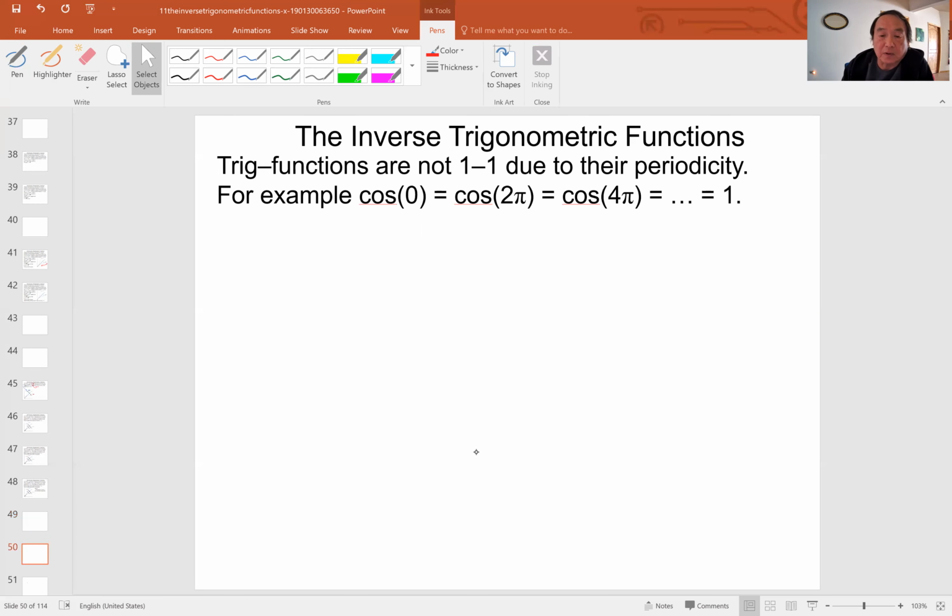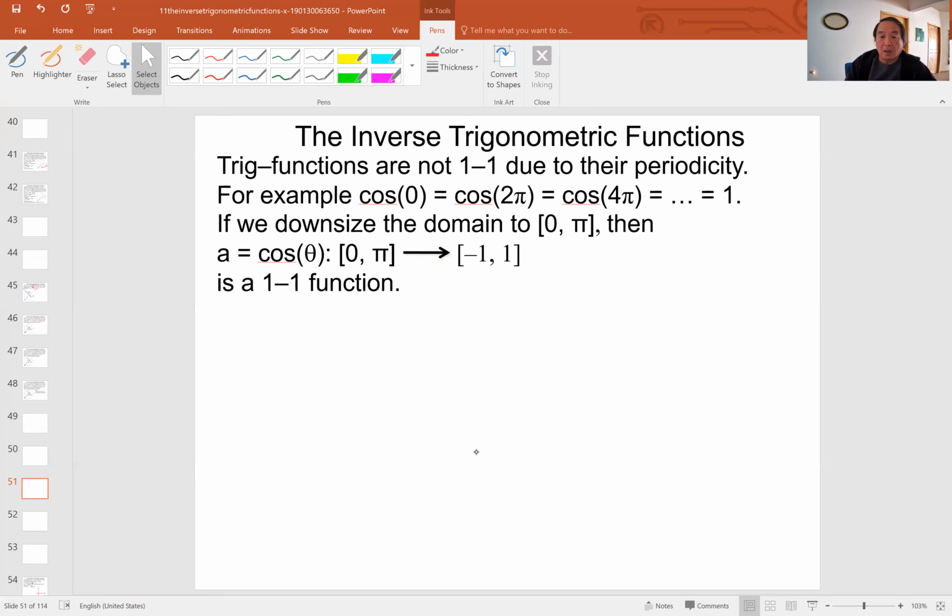Now let's come to trigonometric functions. Cosine is not one-to-one. Cosine of 0 and 2 pi, many angles, wind up with the same output, 1. So I need to restrict cosine to only a portion of the domain, so that it is one-to-one, so I can talk about its inverse, and this is where we do it.